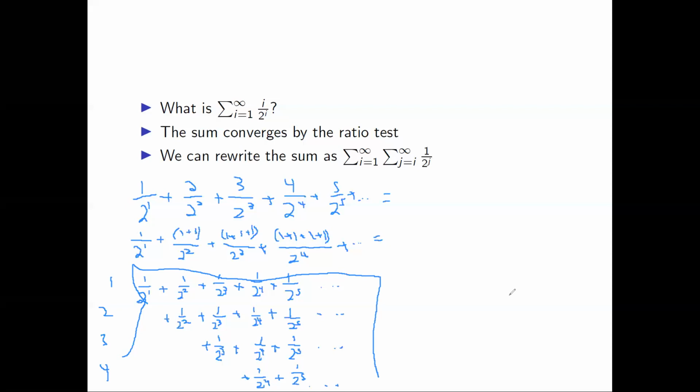So our outer sum runs from i equals 1 to infinity. Our inner sum runs from j equals i to infinity. Because again, the ith line in our sum at the bottom is the sum from j equals i to infinity of 1 over 2 to the j.